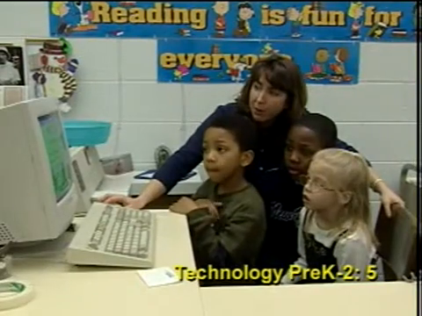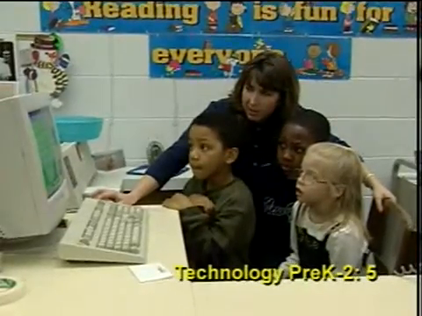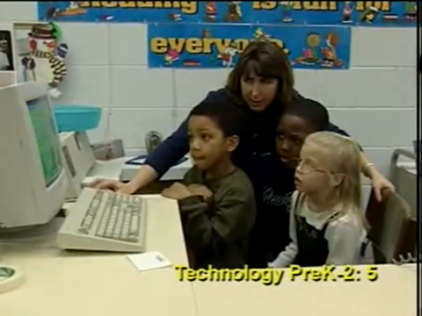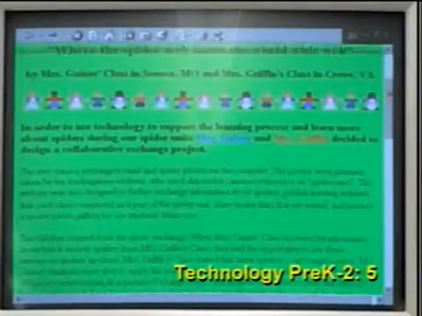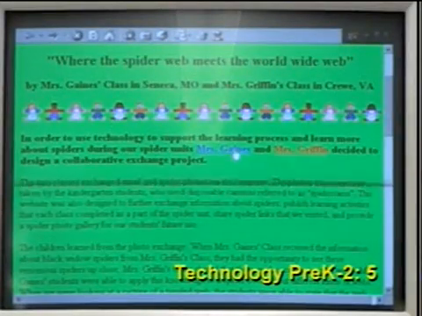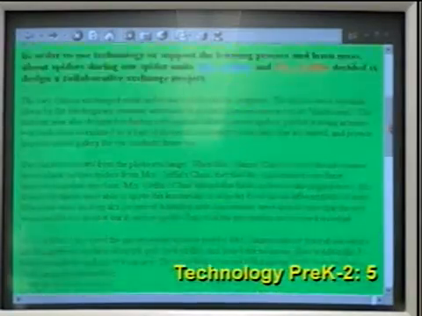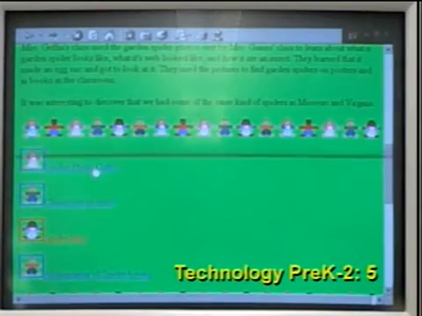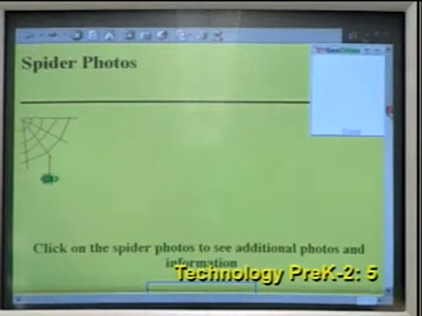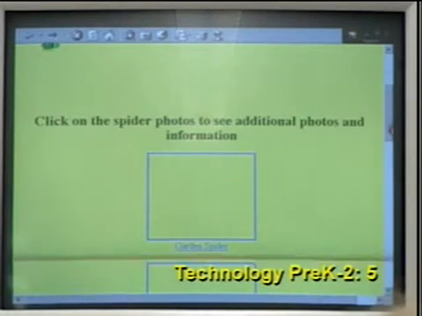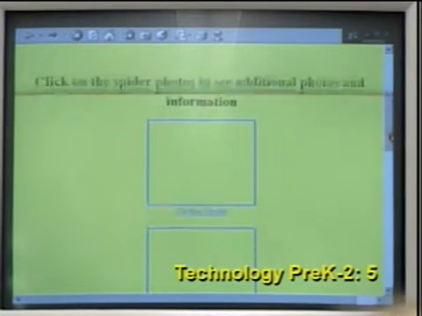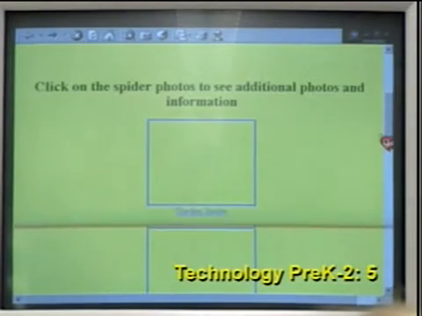Well, here's our spider web page, and we're going to see what Miss Gaines has sent for us today, okay? So we're going to go to Spider Photos. They're kind of slow coming up.